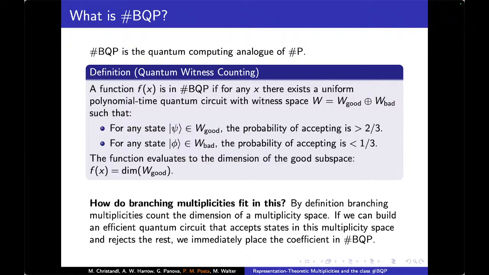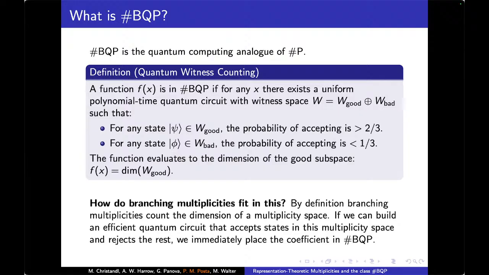So you're asking for a specific protocol in which you have some sort of promise of a gap between the bad ones and the good ones. And this gap of course, you can amplify it. It does not need to be 2/3 and 1/3, but it just needs to be inverse polynomial, and that's already enough. But yeah, not every QMA protocol gives you this sort of thing. Yes, it's a promise problem.